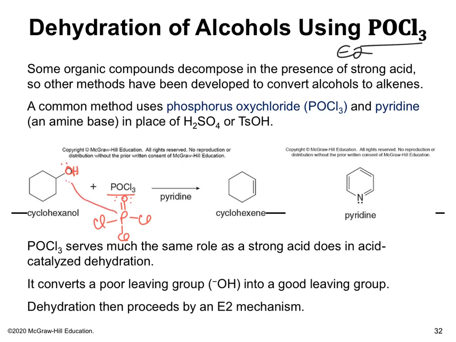What this does here is this comes up, leaves, a mechanism that you'll learn in organic 2. But what you need to know is this oxygen now is bonded to the phosphorus, and this is your intermediate.